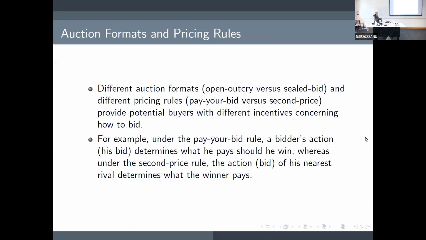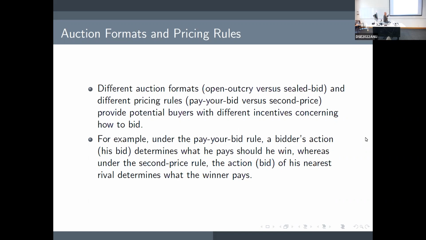Anyway, the point is that different auction formats, open outcry, sealed bid, and different pricing rules, pay your bid or second price, provide potential buyers with different incentives concerning how to bid. And that's then going to give rise to the quality of information you get to estimate this survivor function. So under a pay your bid rule, a bidder's action determines what he pays should he win.